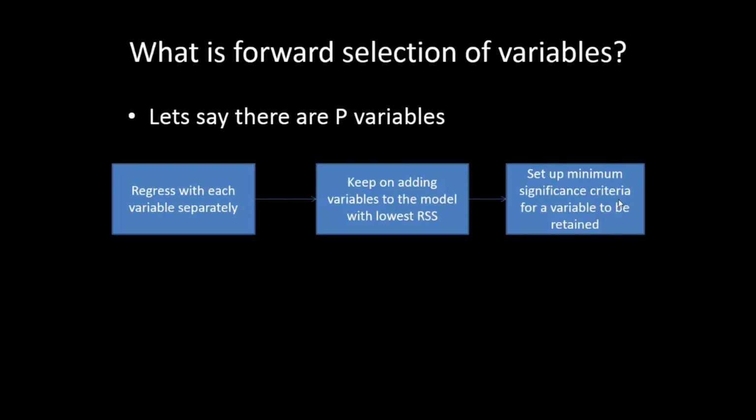That's the way we perform forward selection of variables. So we reject a number of variables in this process which do not meet the significance criteria, that means the p-value is greater than 0.05 or any cutoff value that we have set.